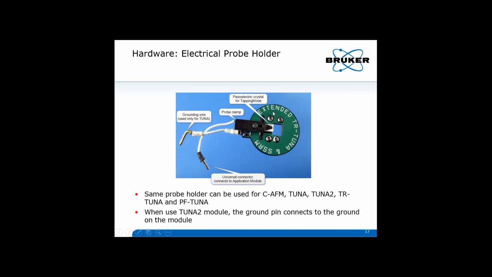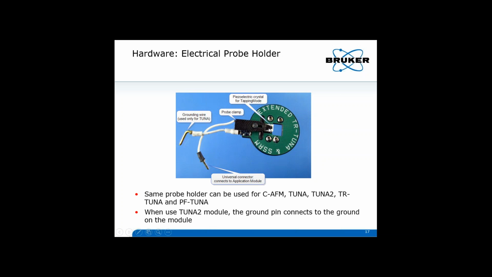For the electrical probe holder, here is the photo. For the CAFM, tuner, tuner 2, TR tuner, and PFTUNA, they all use the same probe holder. As shown here, this is the tapping piezo or the TR piezo, and here is the probe clamp.